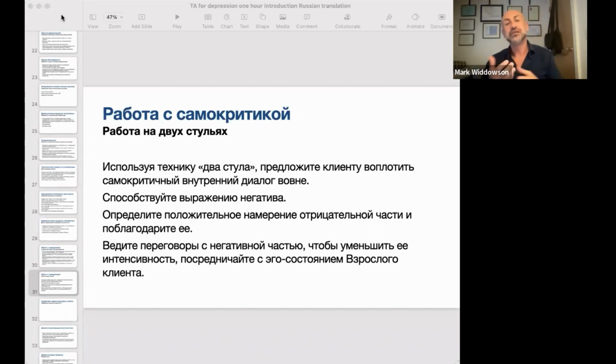But one of the things that is quite important to do is to try and identify what the positive intention is of the self-critical voice. Now, quite often it's about helping the person to be acceptable to other people. When we think about this, when we're children, our parents tell us off, they punish us, they correct our behavior when we behave in ways which are not very sociable or might upset other people.